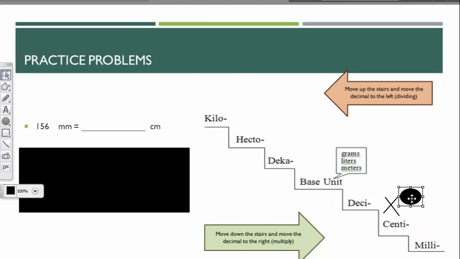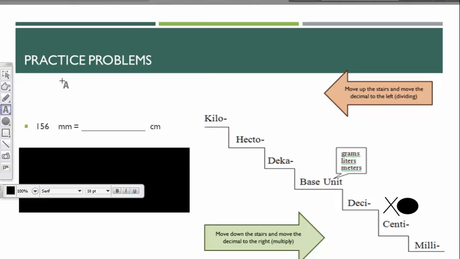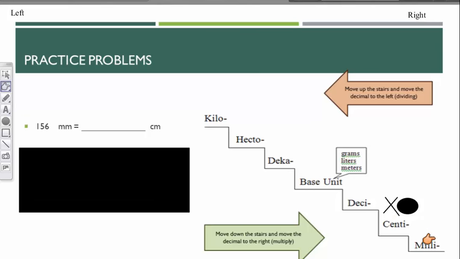So I'm going to move up 1. That's where I want to go. Milli to centi is 1. Now, which way did you move? Well, let's label our actual screen. Remember, again, this is the left, this is the right. So because I moved up the stairs, remember, I moved to the left. See how that works? And I moved 1 to the left.